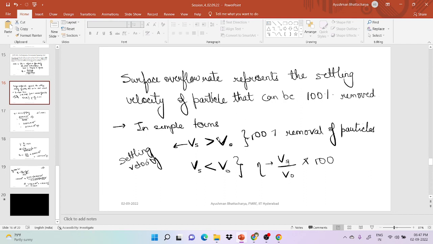So in simple terms, if the settling velocity of a particle is greater than the surface overflow rate, 100% removal of the particle occurs. However, if the settling velocity of the particle is less than the overflow rate, then to know the efficiency of removal, we use this formula: settling velocity divided by overflow rate into 100.